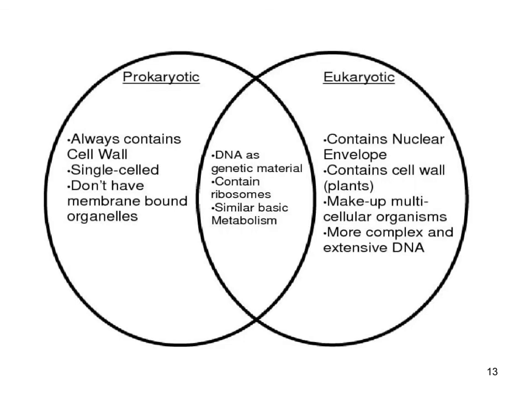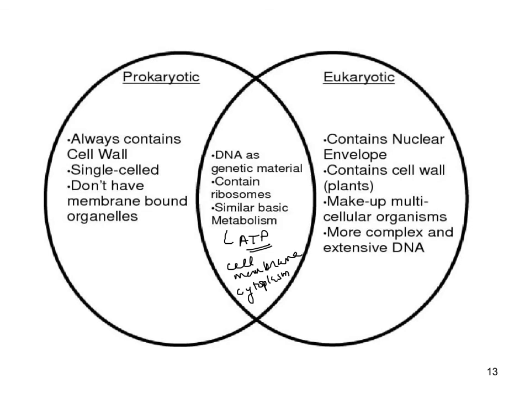In other words, we have a way of making and using ATP, and those ways are pretty similar from one cell to the next. Other similarities I would say would be the cell membrane and the cytoplasm. All cells have those things.